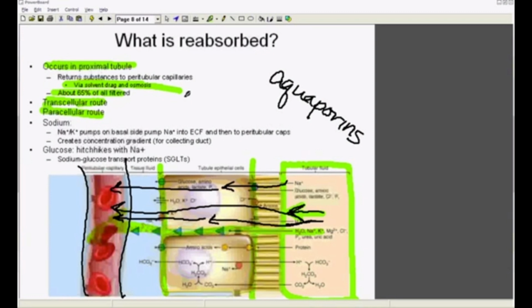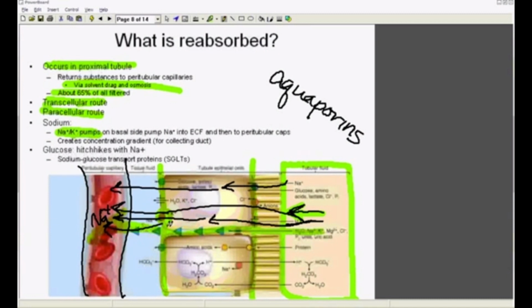Okay. Now if we look at sodium, for example, we remember those sodium-potassium pumps that we learned about with your neurons and muscle tissue. Well, we have them also in places like your kidney cells, so that we can actively push sodium back into the peritubular capillaries.